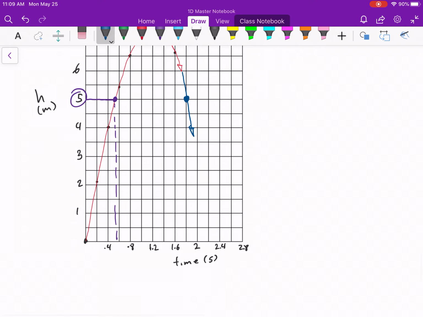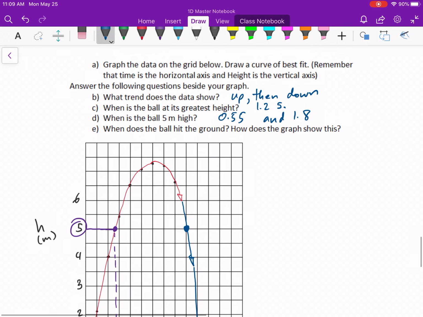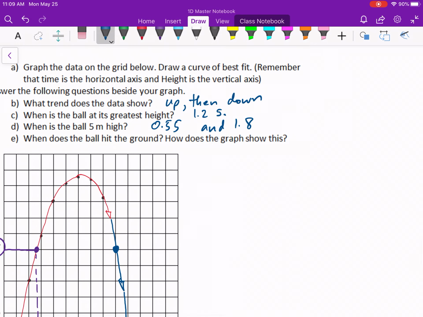Well, now we're extending our graph a bit more. It's somewhere around 2 seconds, maybe 2.1, 2.2. Again, now it's guesswork here, right? But we can definitely get an idea. We can make a prediction, and that's the whole point.